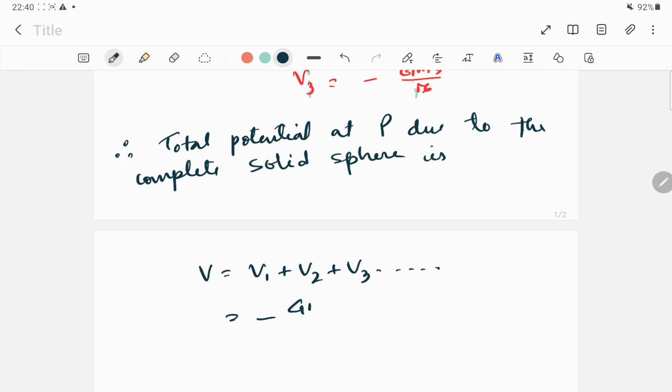So it will be minus Gm1 by r minus Gm2 by r minus Gm3 by r, and so on.